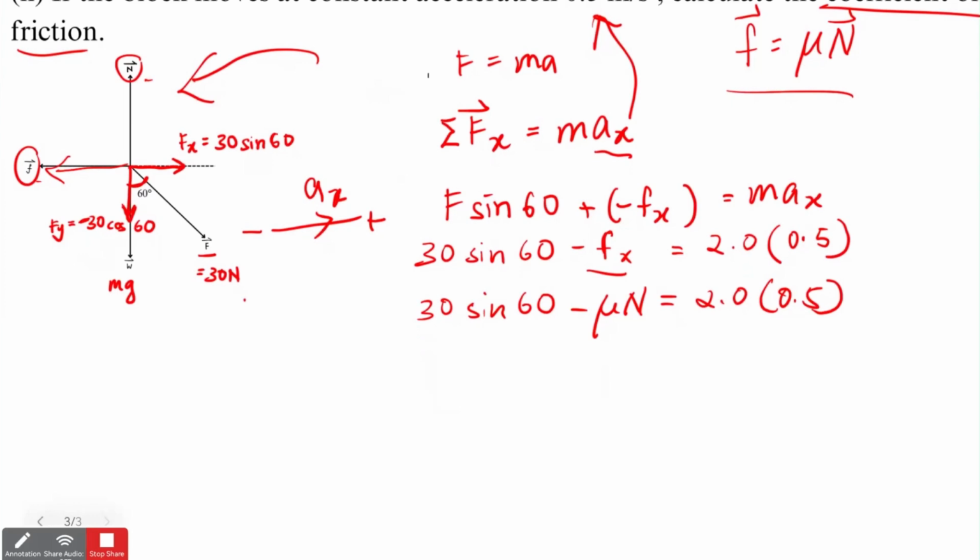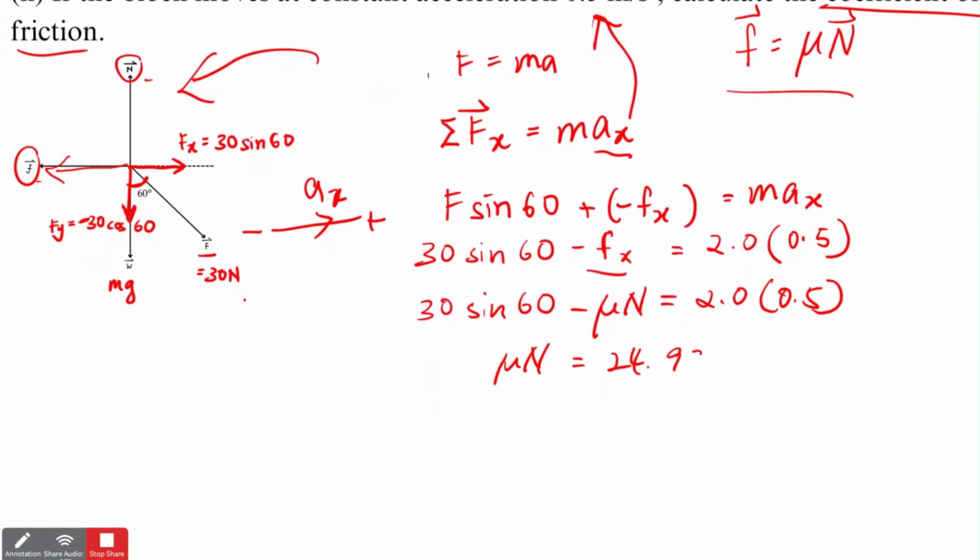After we make mu N the subject, we get 24.9808.